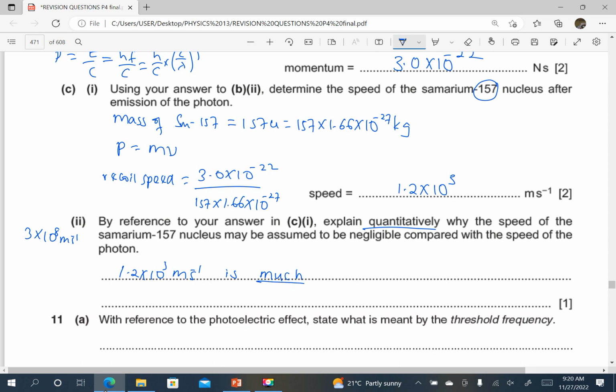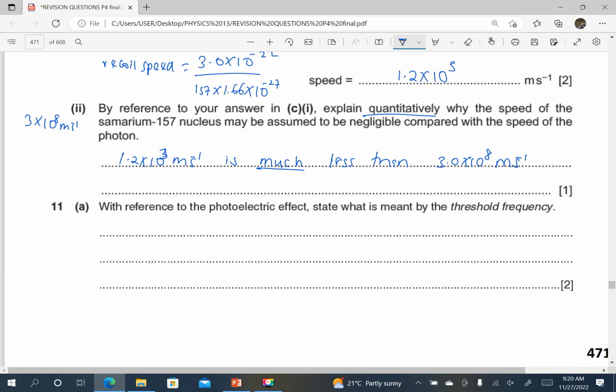Emphasis is very important here, it is much less than 3.0 times 10 power 8 meters per second, because this is the speed of the photon. So that's what is expected. Or you can say 3.0 times 10 power 8 meters per second is much greater than 1.2 times 10 power 3. So emphasis is very important.